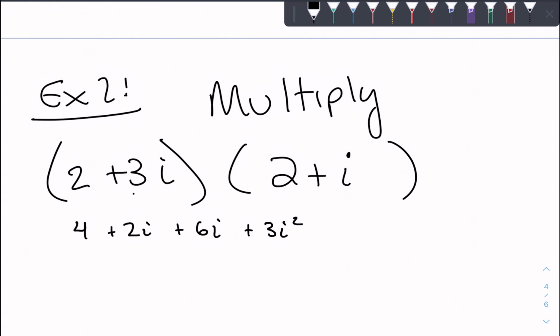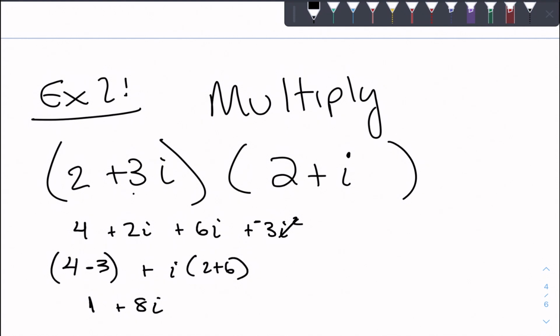Now we do have to leverage the idea that we know that i squared is negative 1. So I'm going to change that to a negative sign, and we have 4 minus 3, and then 2 plus 6. So we have 1 plus 8i. And that would be the product of these, let's say z1 and z2.